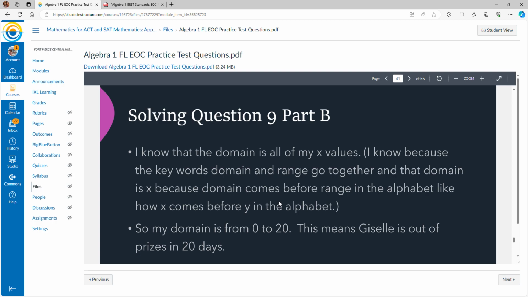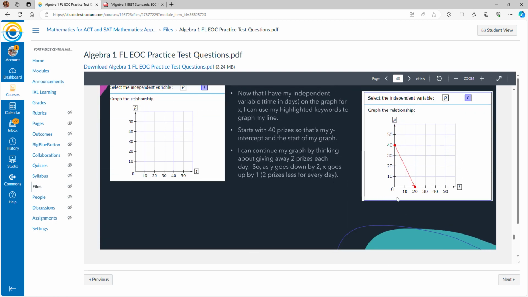And then part B, I know that the domain is all of my X values. I know because the keywords domain and range go together, and that domain is X because domain comes before range in the alphabet, like X comes before Y in the alphabet. That's my trick for remembering domain and range. So my domain is from 0 to 20 on my graph, right?